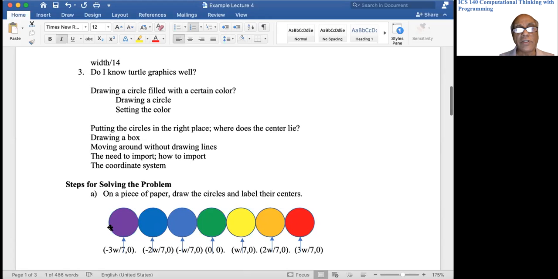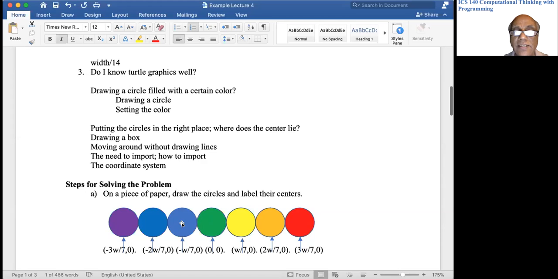So this whole thing is the width. And if I sit down and do some little algebra work, I can see that this is the center circle, and its center should be at 0, 0. It should be x equals 0, y equals 0.